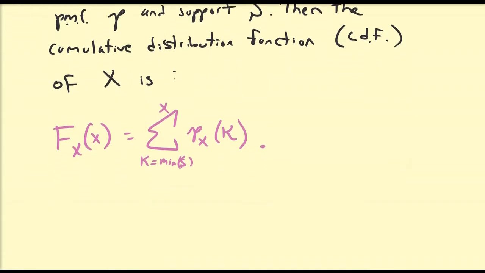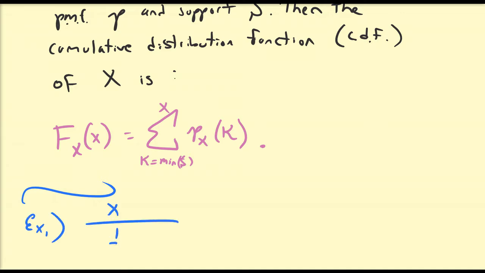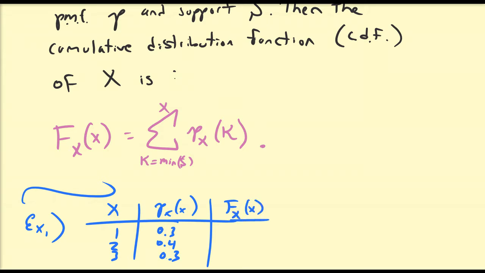Alright, so the first thing we want to do is get comfortable with this notation and this definition. So I'm going to create a tabular PMF with x values 1, 2, and 3 with probability values 0.3, 0.4, and 0.3. And we're going to be calculating the CDF values of capital F of x.